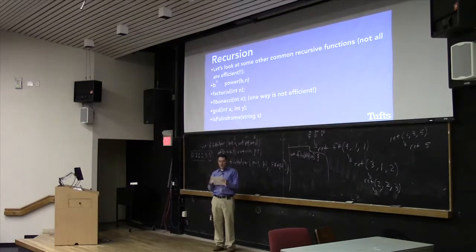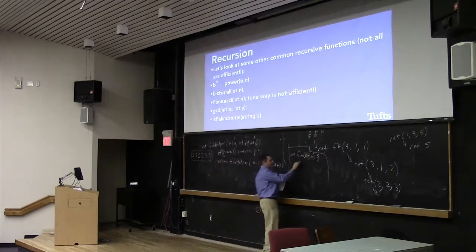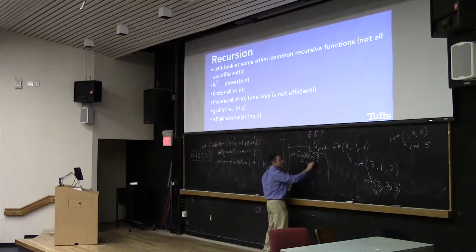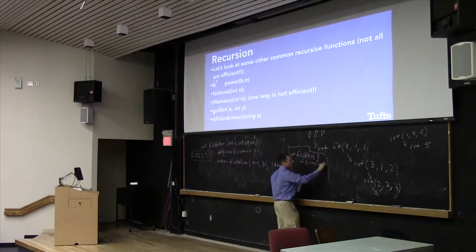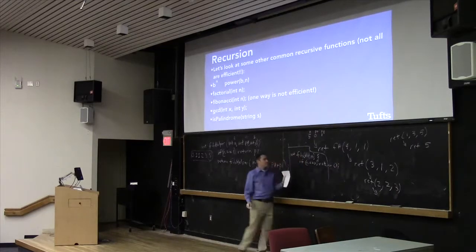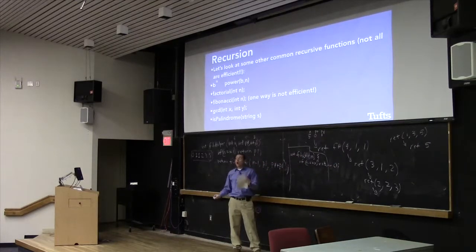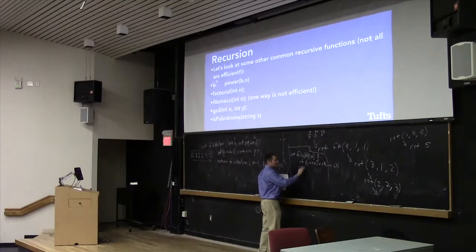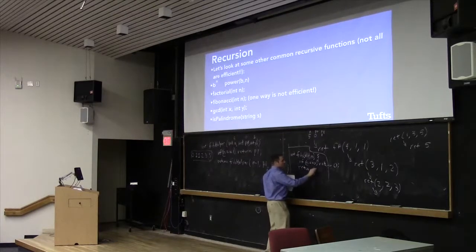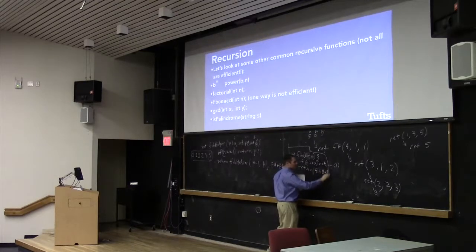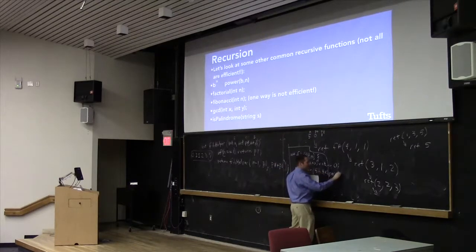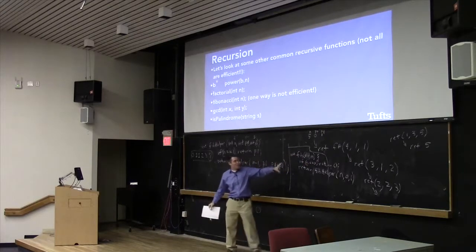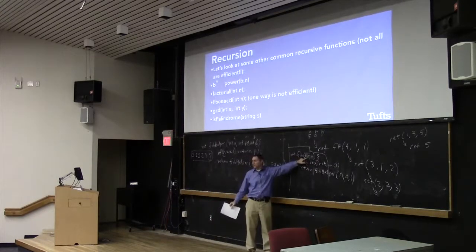What you can do is say, if n equals 0, return 0. Or you can say return fib helper n, 0, and 1.